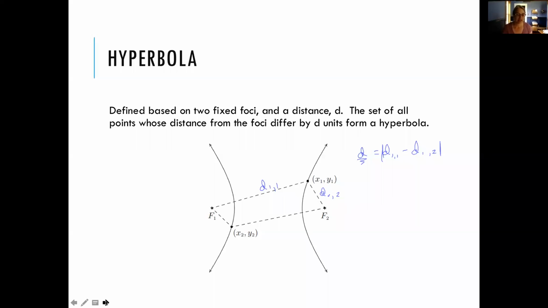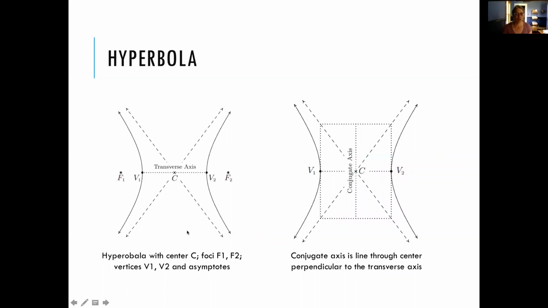All right, so let's take a look at these things. We need to have a few more pieces of vocabulary here. They're a bit more complicated, but they're not anything we can't handle. We have our familiar focus points. We have vertices. Now this time, remember with an ellipse, the vertices were further out from the center than the focus points.